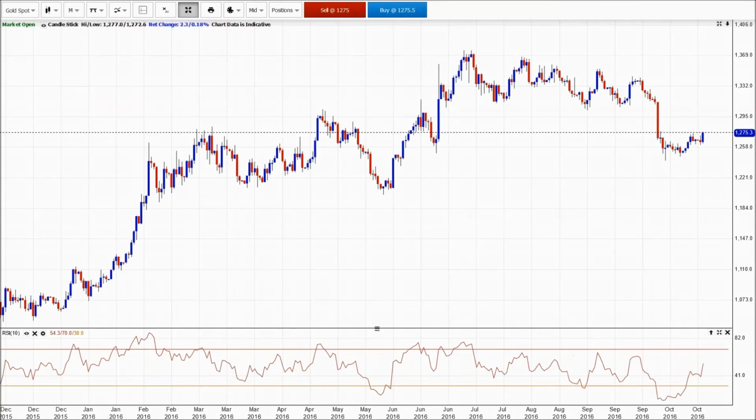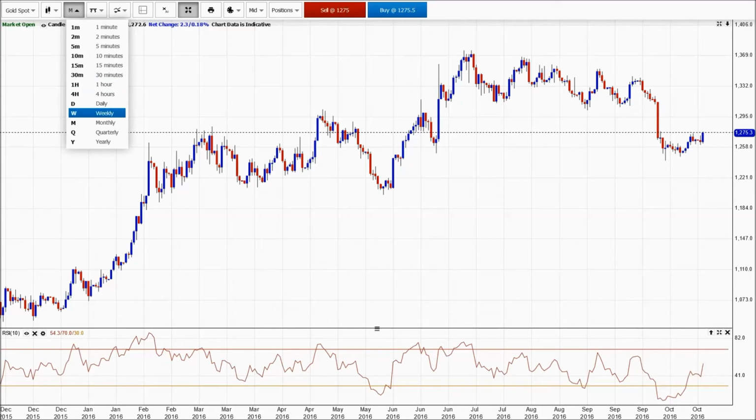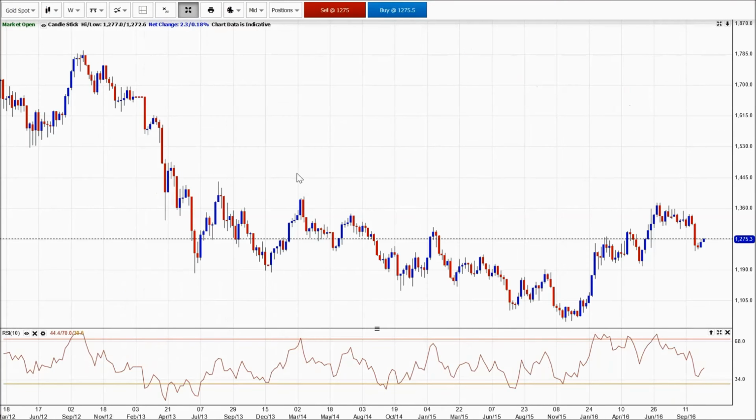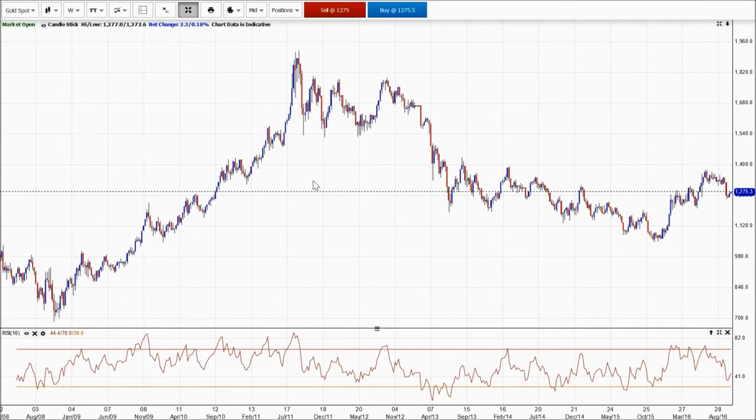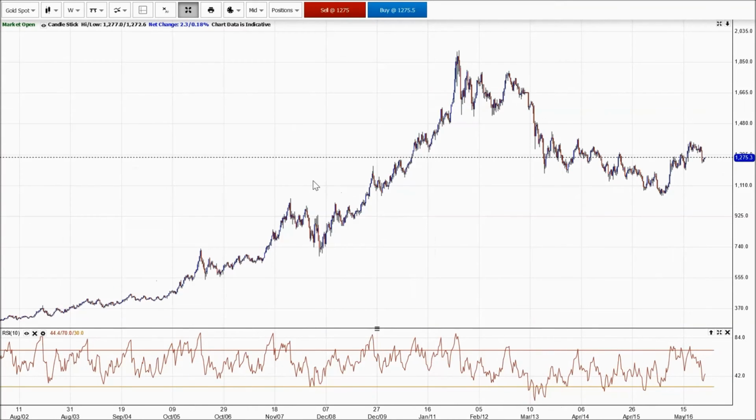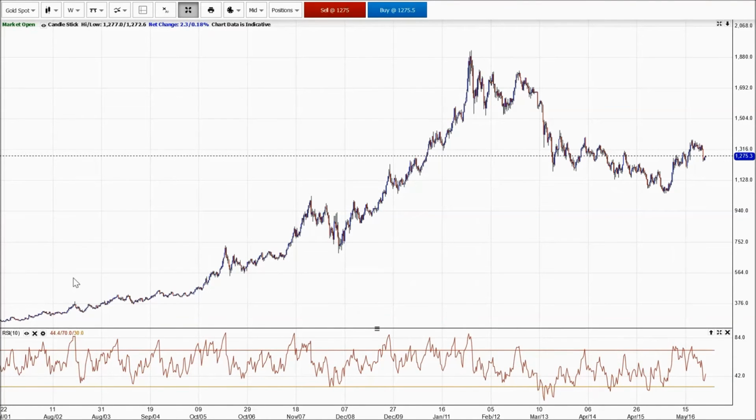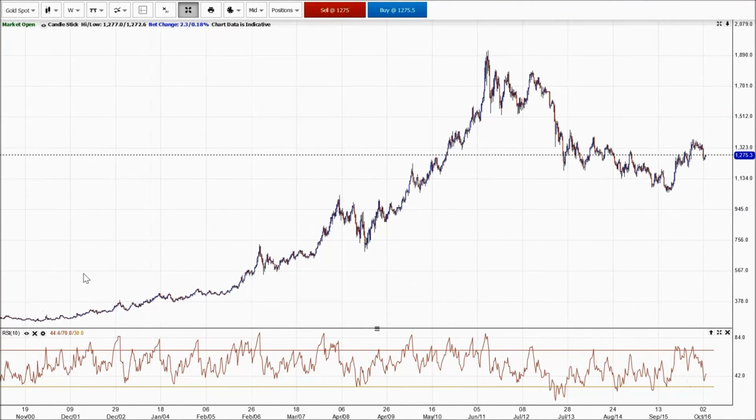So what we're going to look at is gold priced in dollars, which is the traditional market way of pricing it. If you take ourselves back in time a little bit, we had the run from the early 2000s on gold. So we're going back to 2001 when gold was about $250, $270 an ounce, and famously, of course, Gordon Brown sold some of our gold back then.